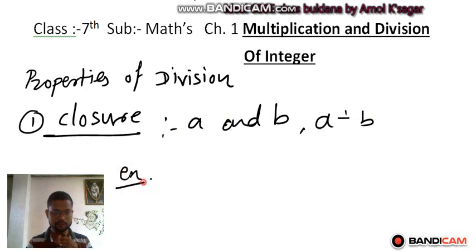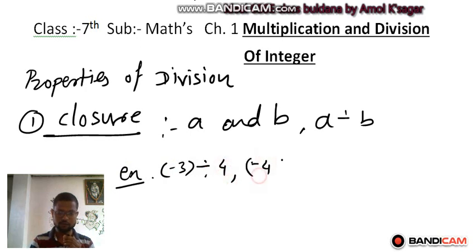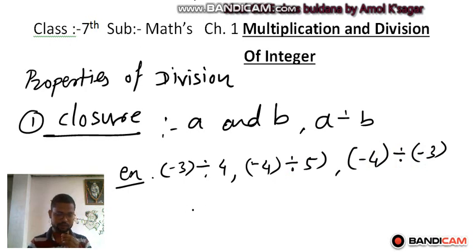For example, -3 divided by 4, -4 divided by 5, -4 divided by -3, and 2 divided by 5 are not integers.